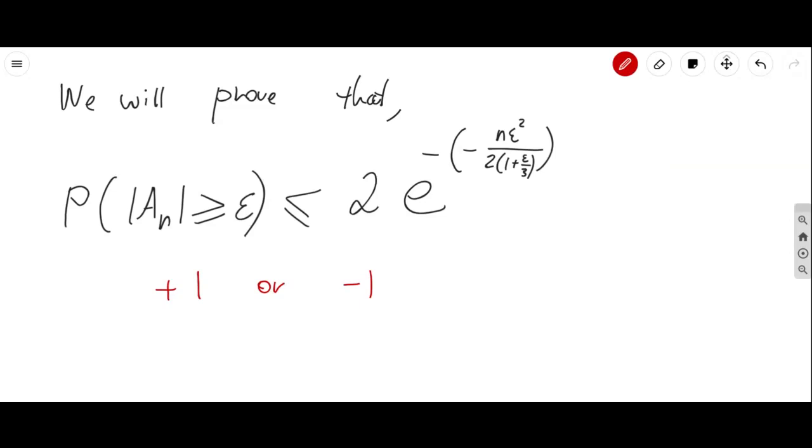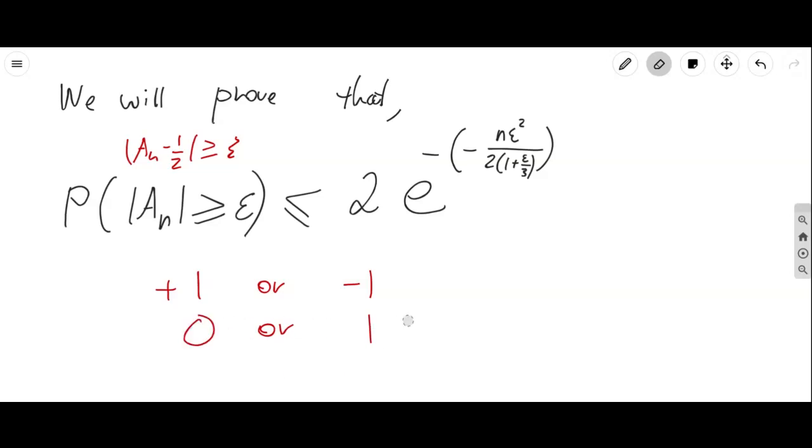There's another inequality, which is just a modification of this, which is much easier to memorize. And it's when your random variable is 0 or 1. And then you would not say that an is greater than or equal to epsilon. You would rather replace this by an minus a half greater than or equal to epsilon, because now the expected value is going to be a half instead. But that's not the way we work with a random walk.